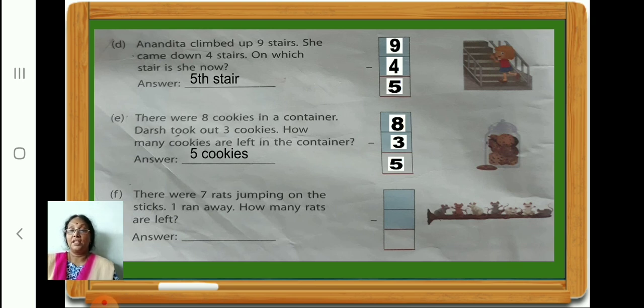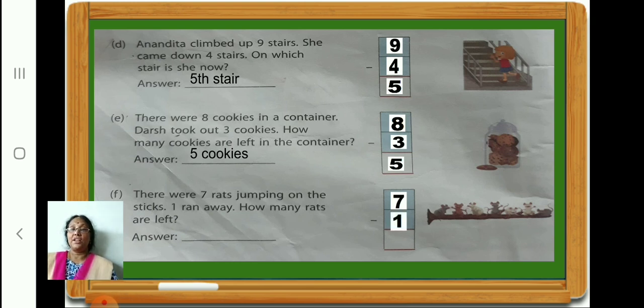Children, there were 7 rats jumping on the sticks. How many rats were jumping on the sticks? 7. So let us write 7 in the first box. 1 rat ran away. How many rats ran away? 1. So let us write number 1 in the next box.